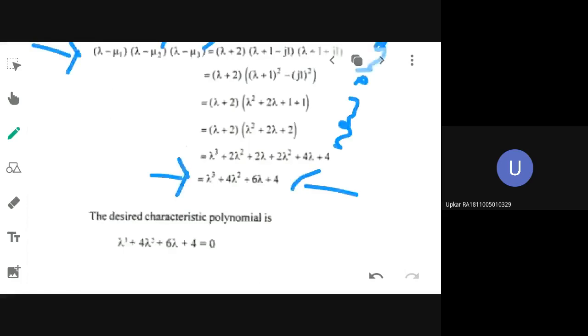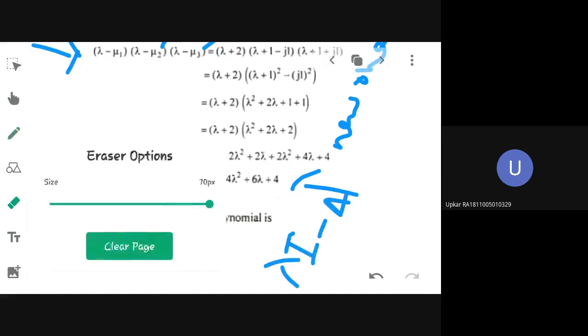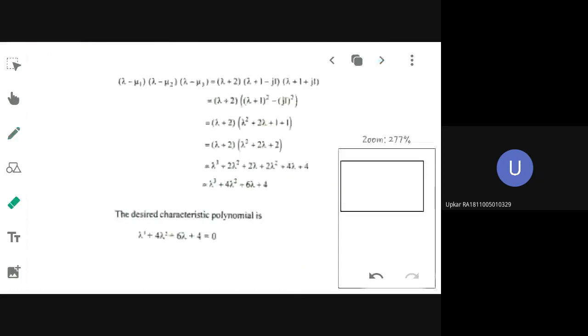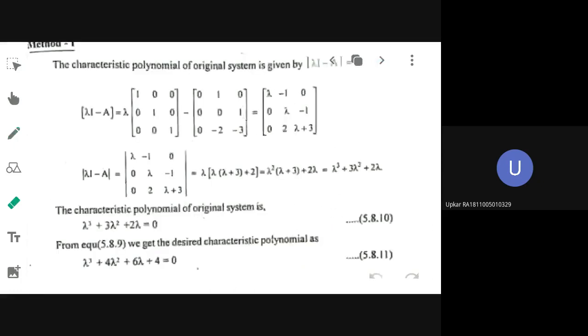Now you have to compare this equation to the original, lambda I minus A. Okay, so this is your new one. The old one is the usual one, lambda I minus A. You know what the A matrix is, so using this formula you can easily calculate the original polynomial.